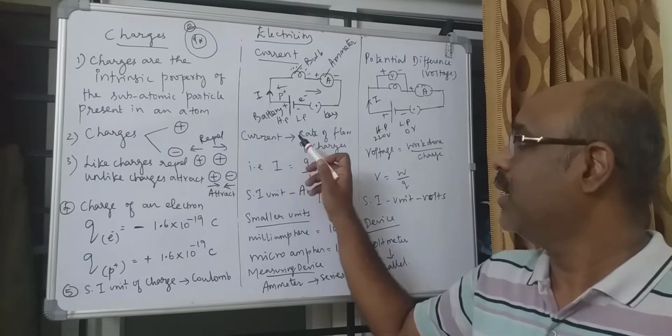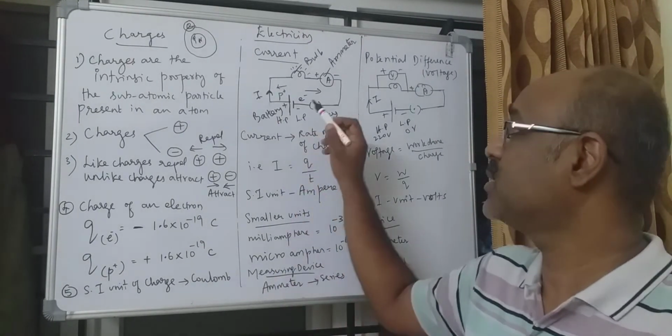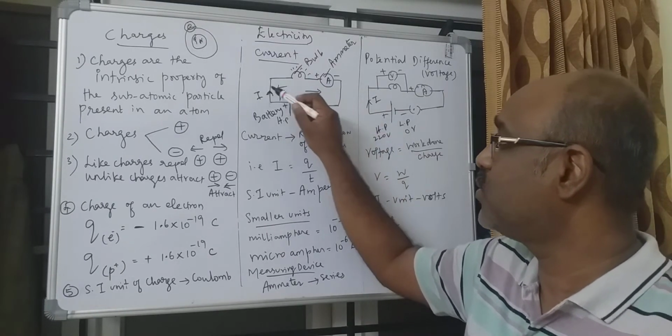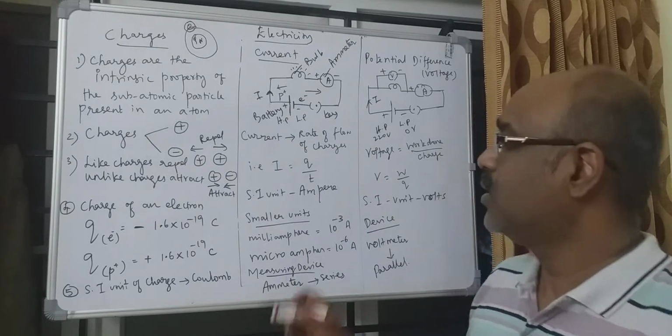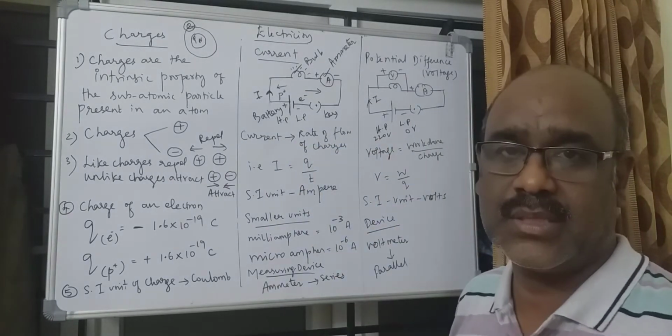And how is the current moving? It is because of the movement of the charges. The charges are moving, that is why the current is produced. So current can be defined as the rate of flow of charges.